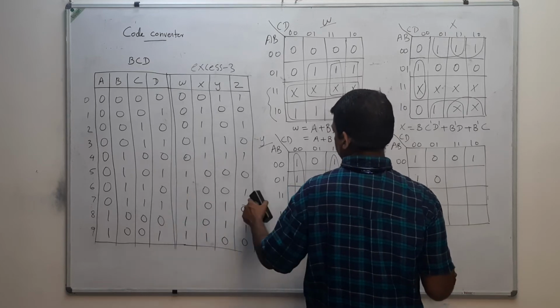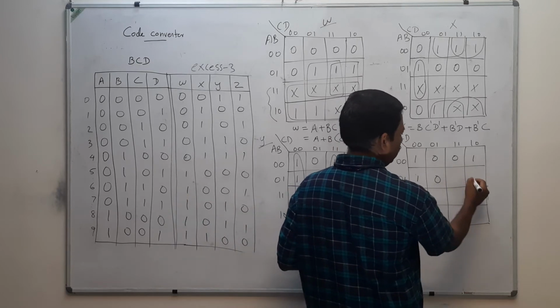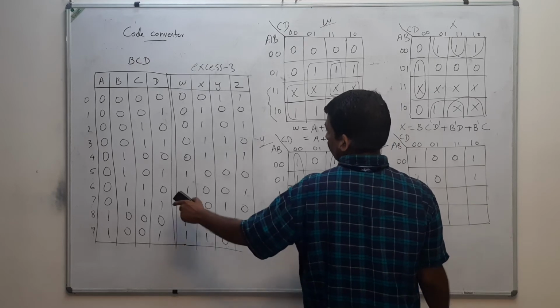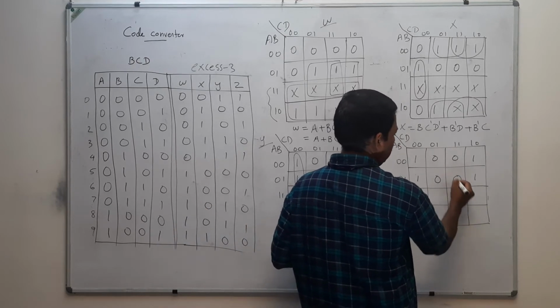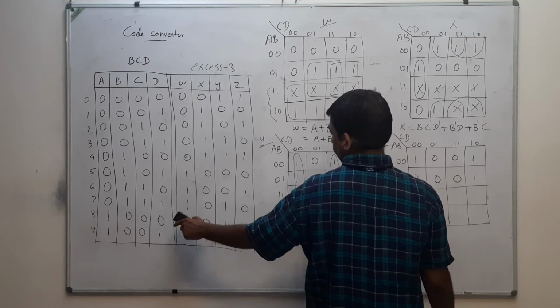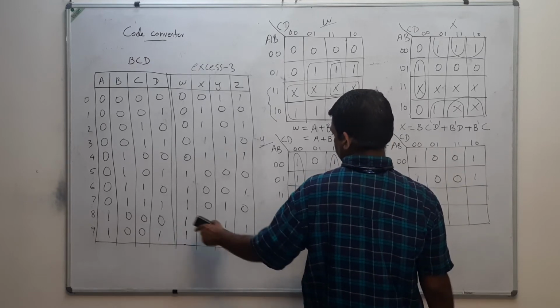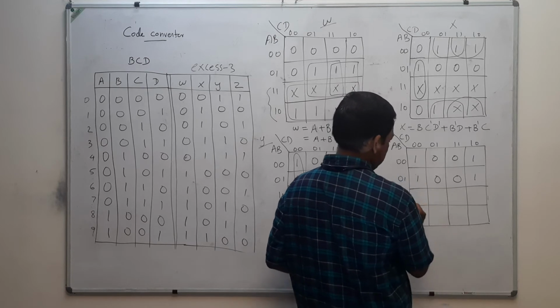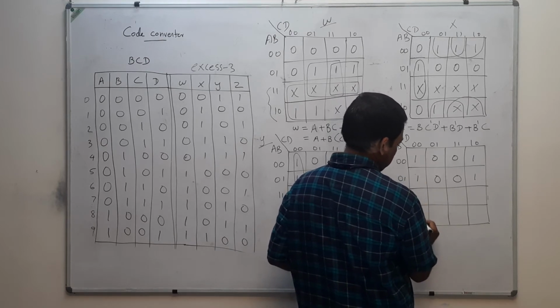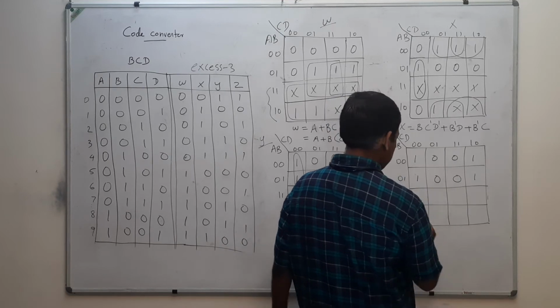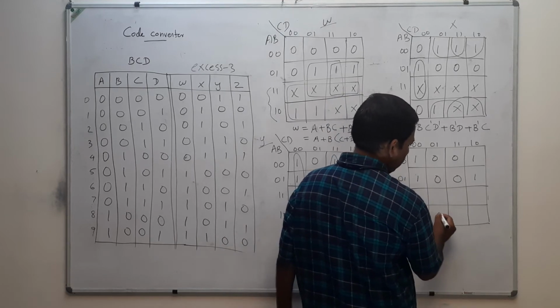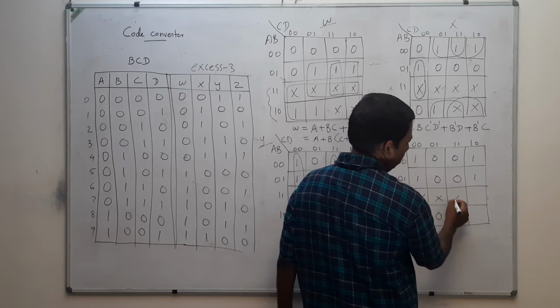Then 0110 is 1. 0111 is 0. Then what about 1000? 1. Then 1001 is 0. Here all these are don't care.